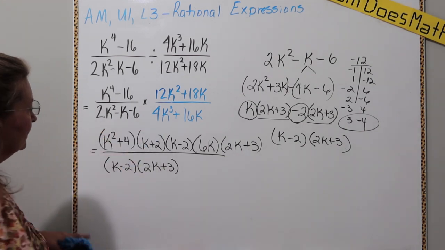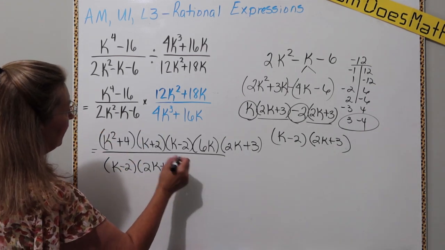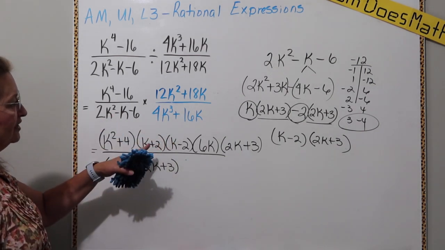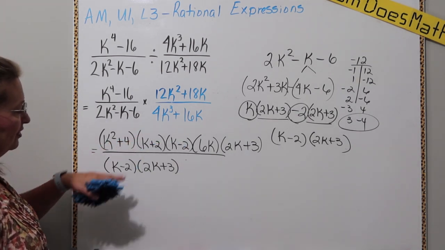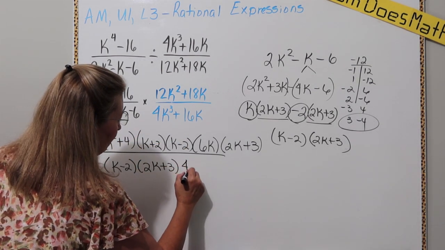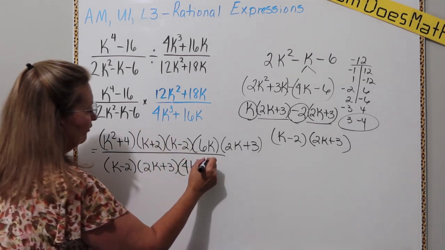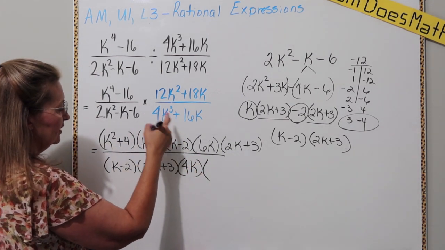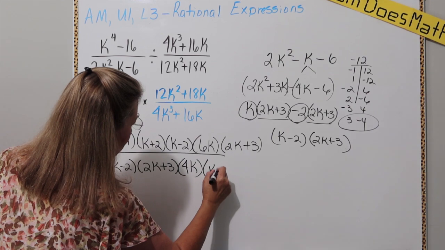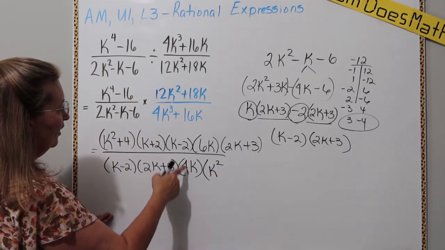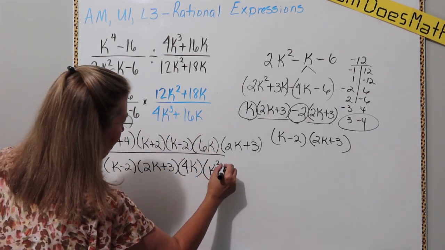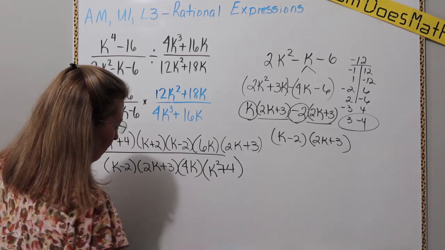Alright, last thing to factor here. It is a binomial. Greatest common factor is going to be 4k. Let me see if I can just do it on the fly here. When I factor 4k out of this, what do I have left? K squared. And when I factor 4 out of this, what do I have? 4. Alright.